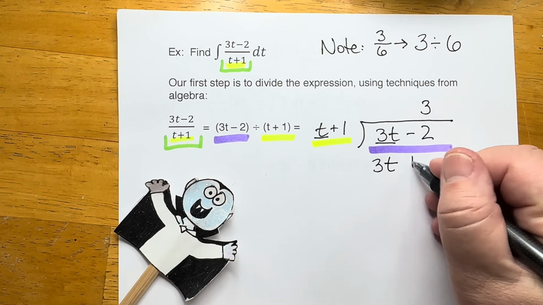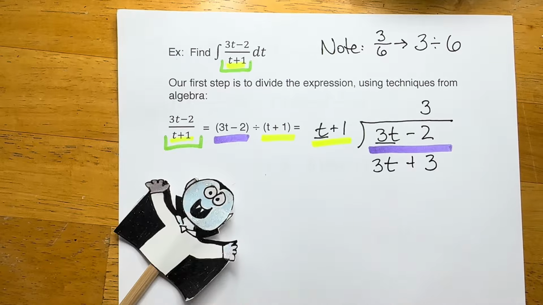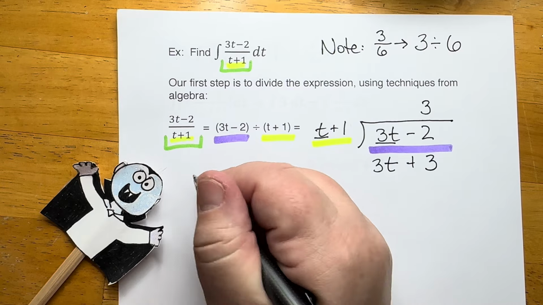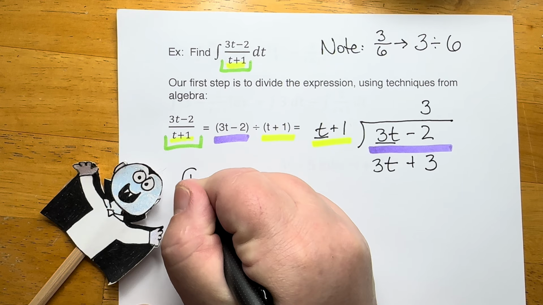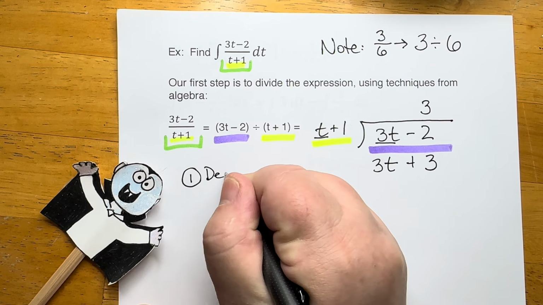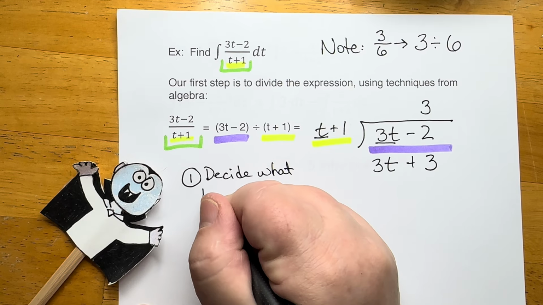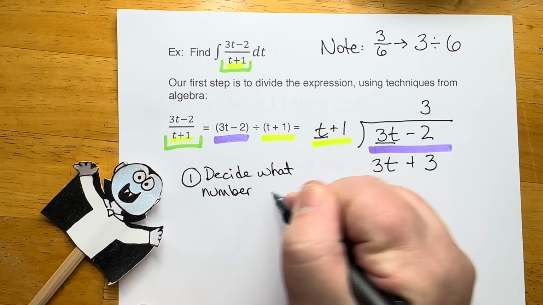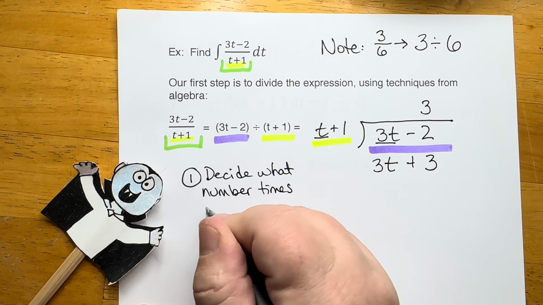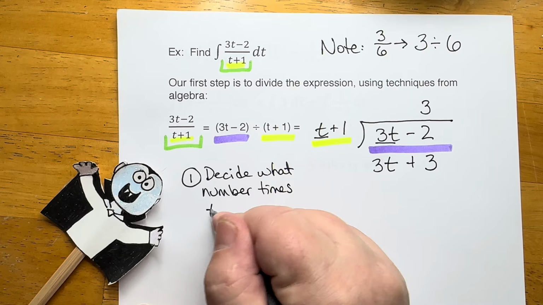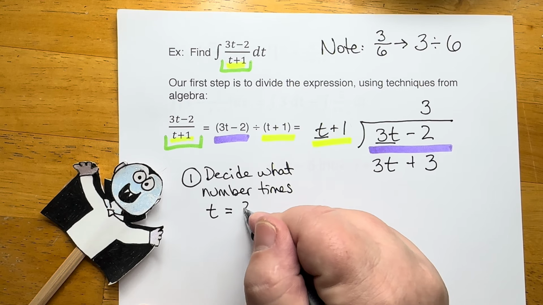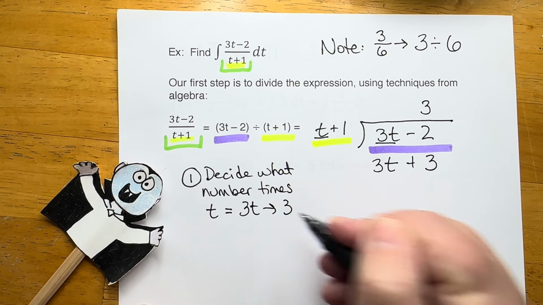So then I'm going to multiply 3 times t, 3 times 1. Okay, so first, we got 3, right?